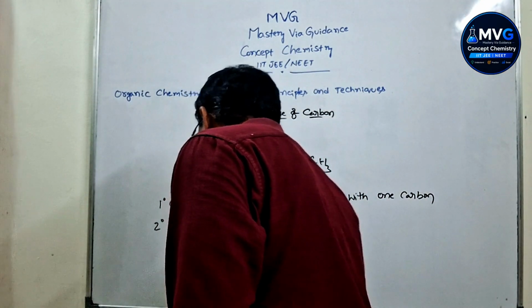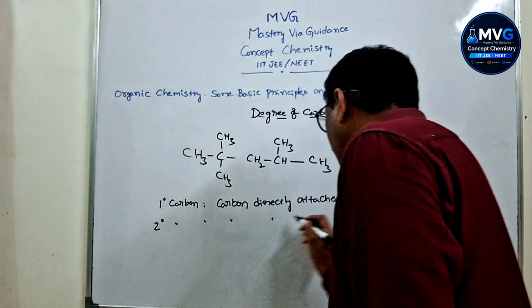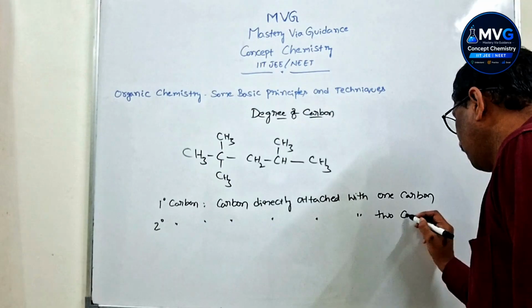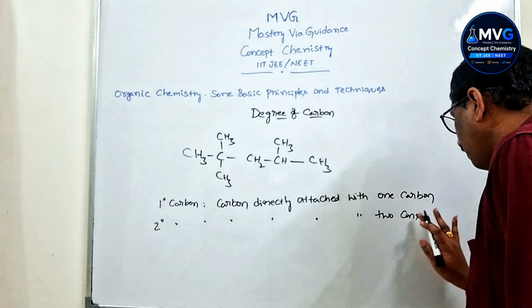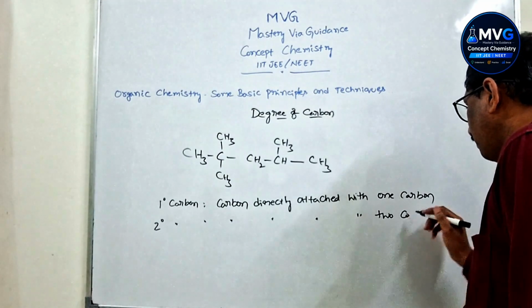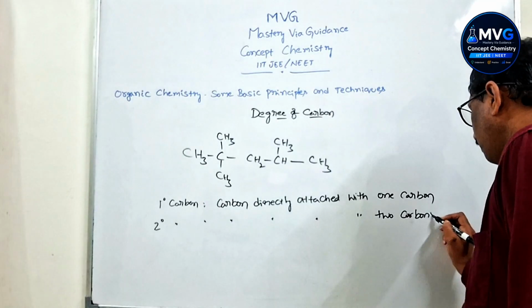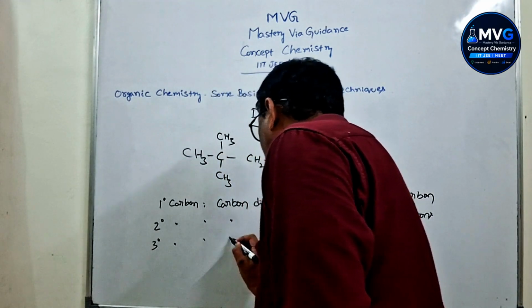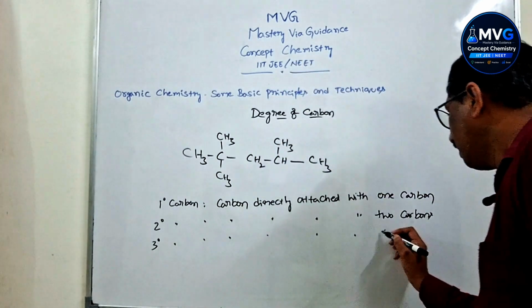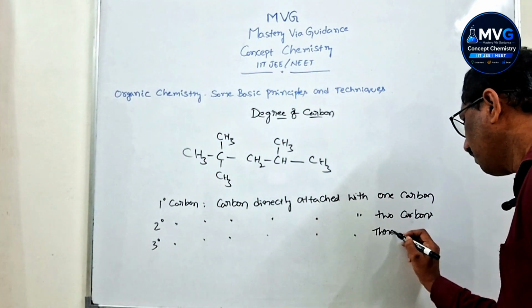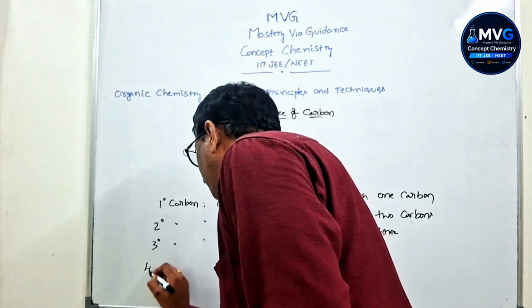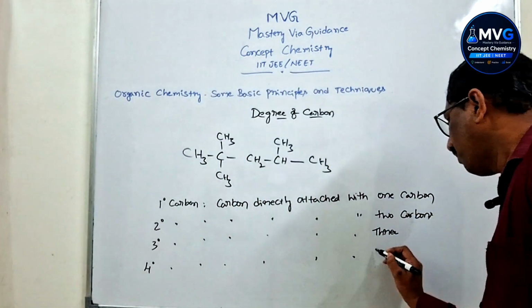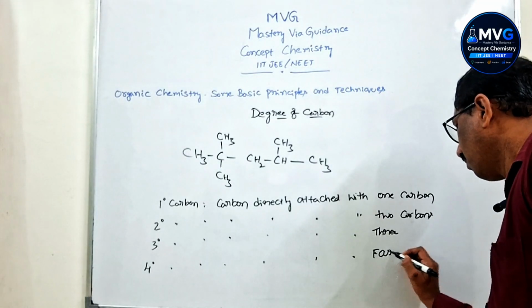Secondary carbon: carbon directly attached with two carbons. Tertiary carbon: carbon directly attached with three carbons. Quaternary carbon: carbon directly attached with four carbons.